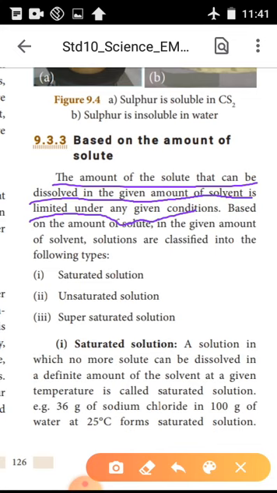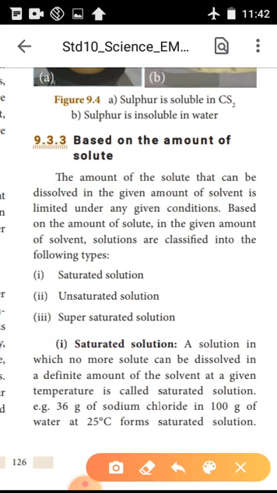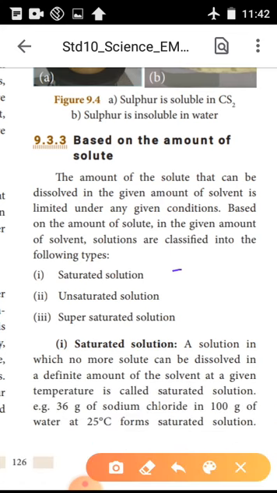Based on the amount of solute, solutions are classified into three types: saturated solution, unsaturated solution, and supersaturated solution.